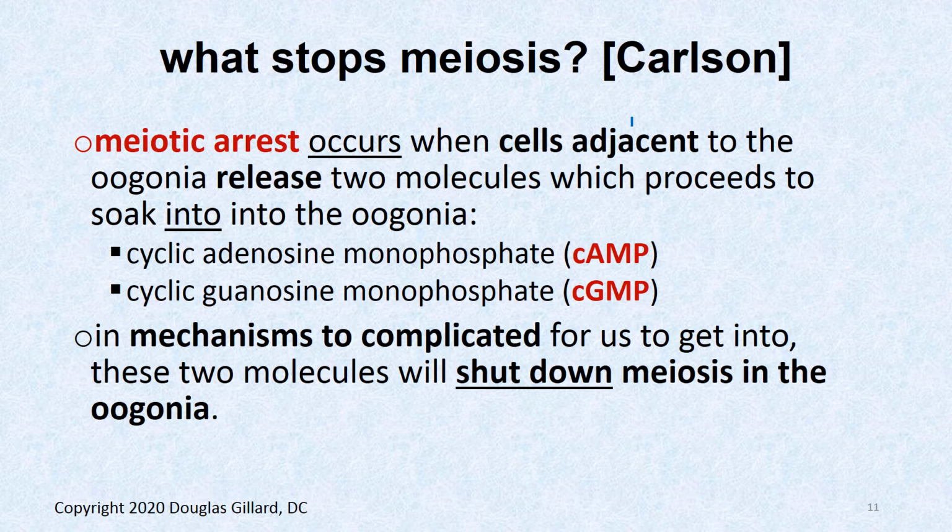And that soaks into the oogonia, and that's got something to do with freezing them. How do we know that? Because later, when we're about to have ovulation, if you block the production of these things, ovulation occurs. So these are two important biomolecules that have something to do with meiotic arrest of oogenesis. Okay, got it?